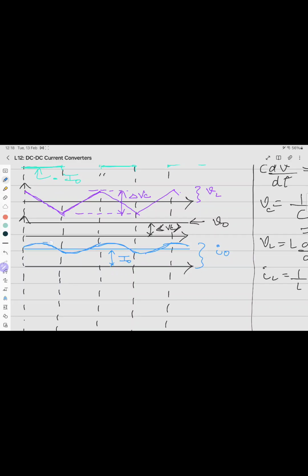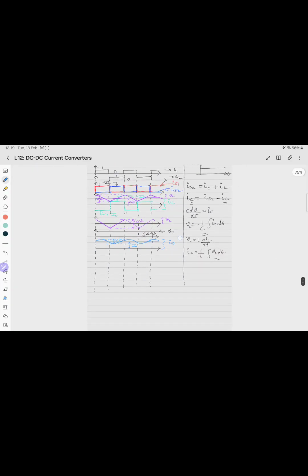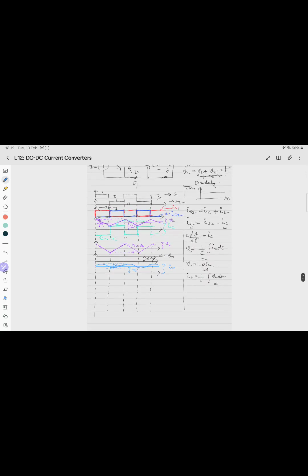So this term, what is this? This is delta IL. So I think I have drawn all the waveforms. Now we have to do the volt second and the amp second balance. First we'll do the amp second balance.